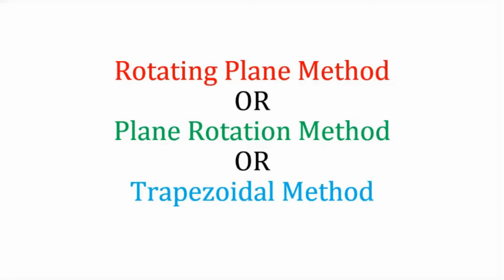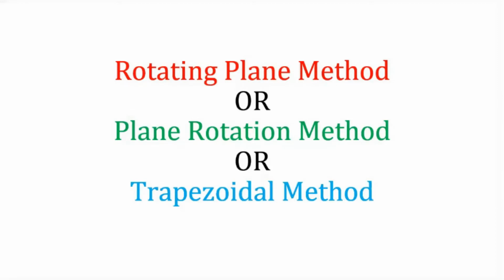Using these two lines, the front view and the actual line as opposite sides, we form a quadrilateral, and it will form a trapezoid. That's why this method is known as the trapezoidal method.